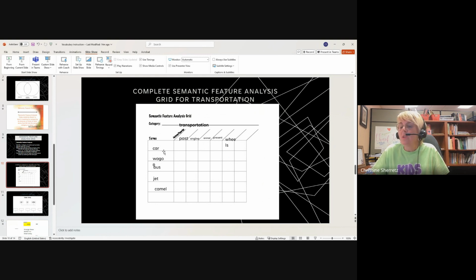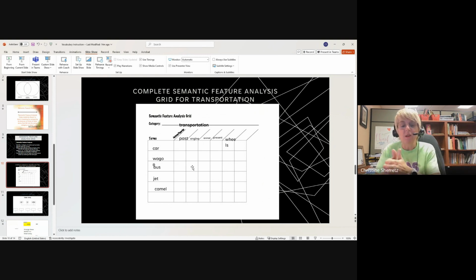And so what we can do is we can say a car. Okay, a car is in the present. It has wheels. A wagon is in the past. It has wheels, a bus, it has an engine. So we're gonna put all the X's. So what we can see is that transportation happens in the past.